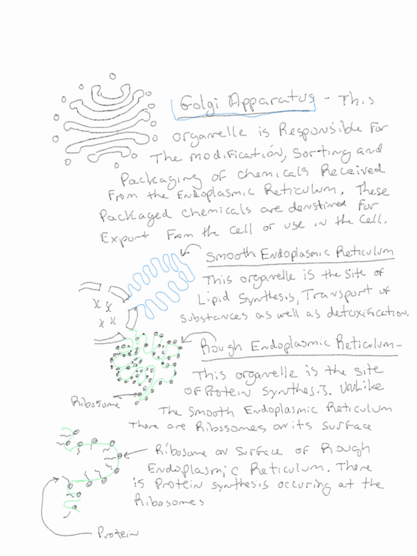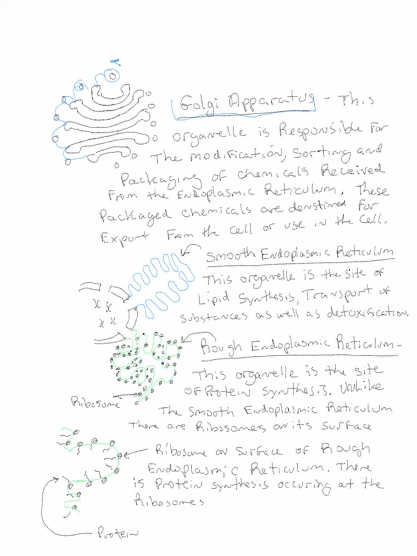If you see these little round structures here, those are membrane bags of chemicals. This one here is probably being received from an endoplasmic reticulum, and it could be from the smooth or rough endoplasmic reticulum. Then it's passed from one membrane to another, going through a series of membranes, and each time it goes through a different membrane, the chemicals can be modified.